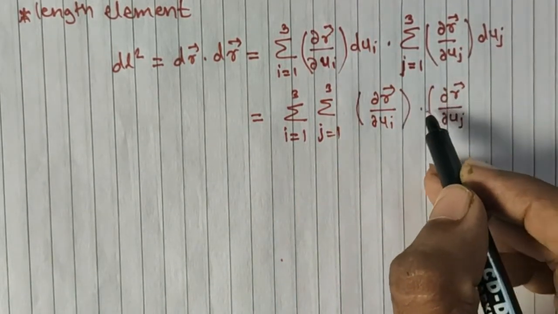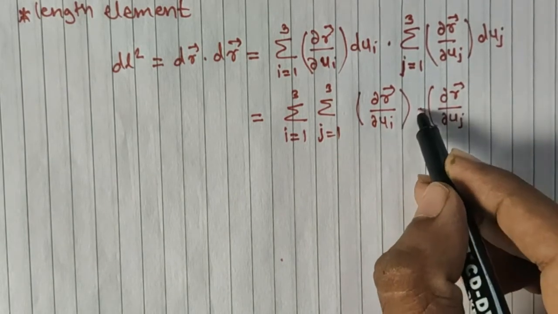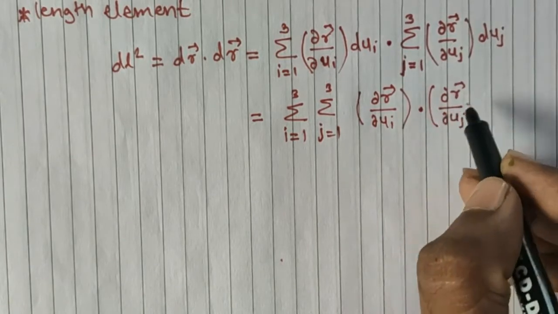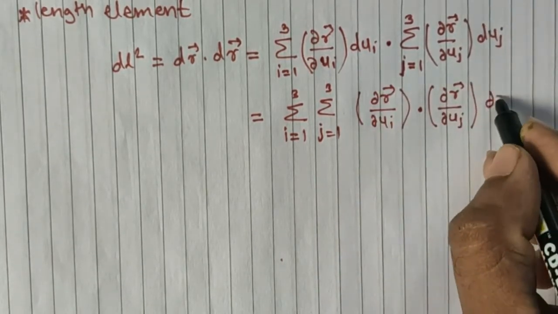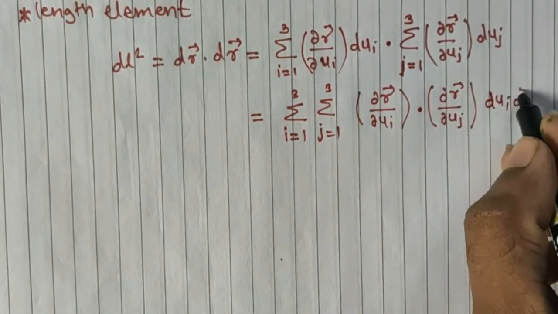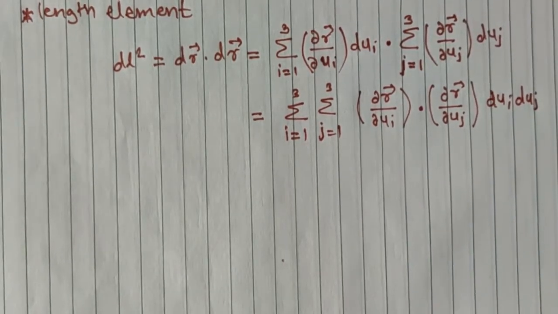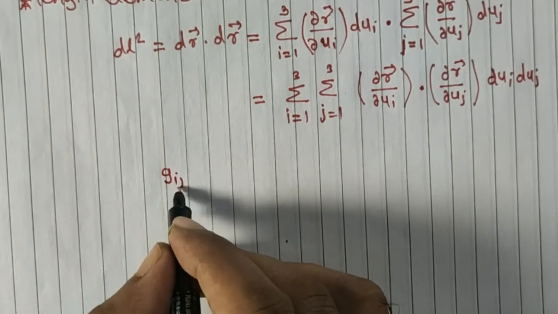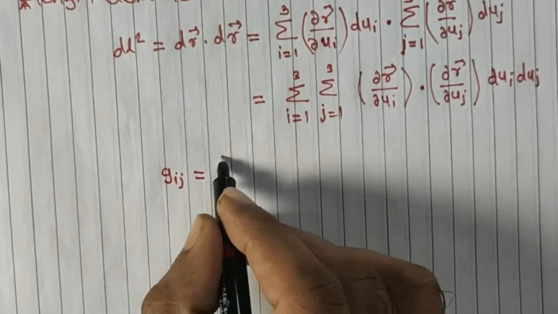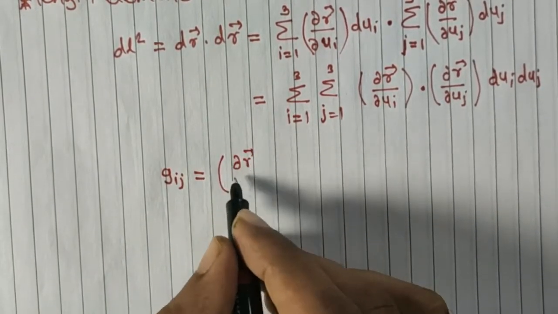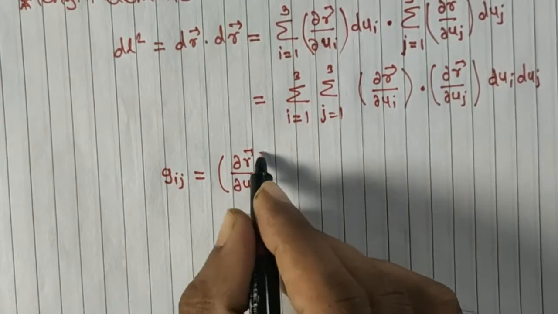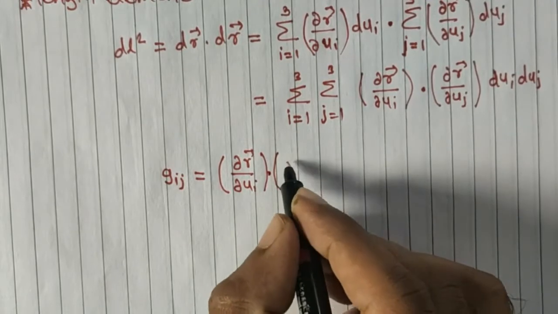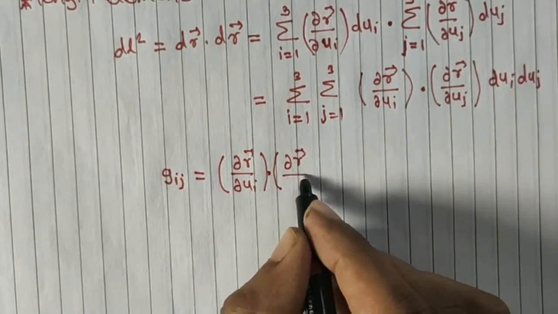As partial derivative is a vector, I am going to put dot product here. Here you can see dot product is here, then second partial derivative, and then remaining terms dui, duj. Again, I am going to introduce a new term, say gij, which is equal to delta r bar by delta ui dot delta r bar by delta uj.